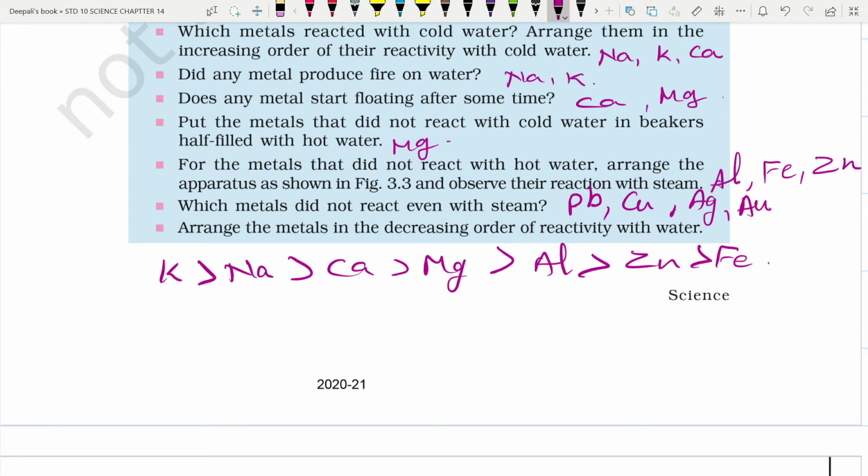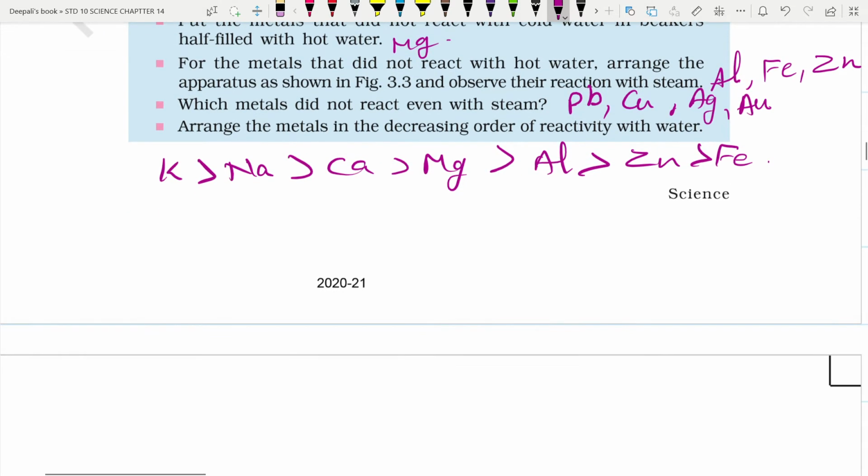Pb, Cu, Ag and Au, that is lead, copper, silver and gold, do not react with water. Whereas for metals like sodium, potassium and calcium, in the reactivity order with water, we have Ca, Na and K.